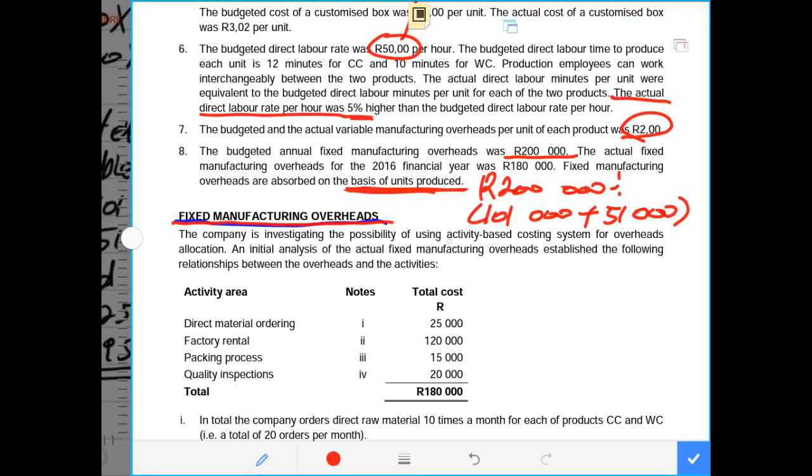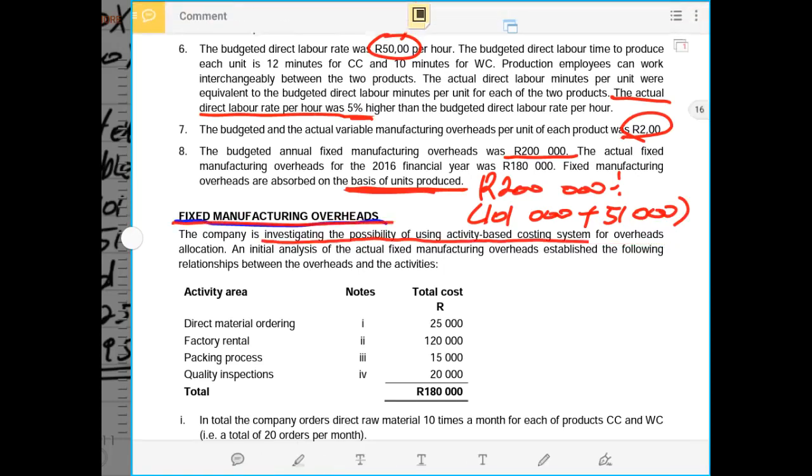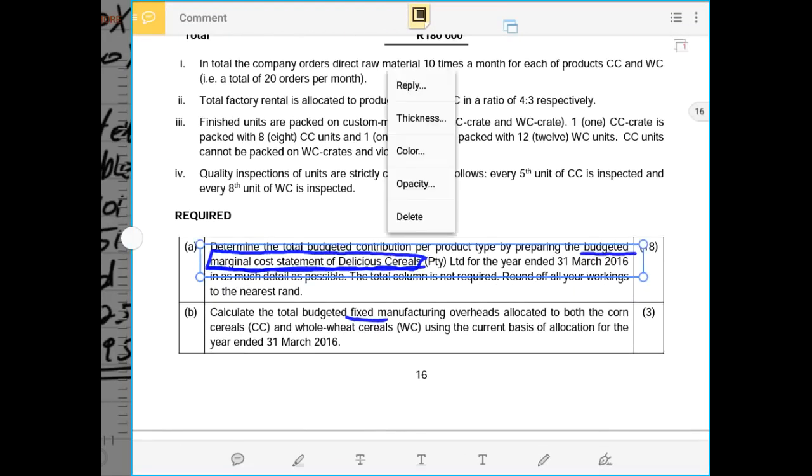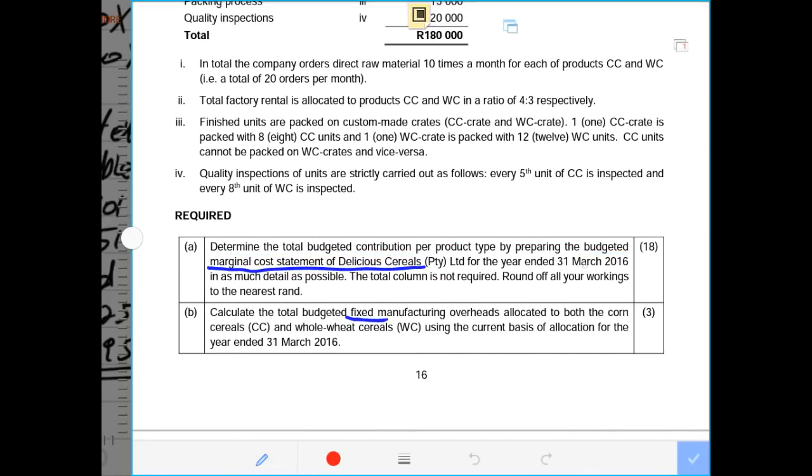Because the next part is they say the company is investigating the possibility of using activity-based costing. So now ABC, I will deal with ABC when I do the question of the ABC. From this point, I think I am able now to respond to the first question in terms of compiling the budgeted marginal income statement.